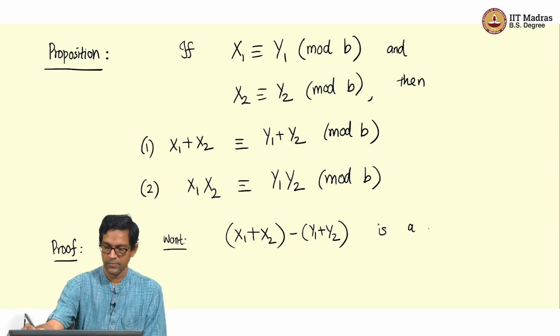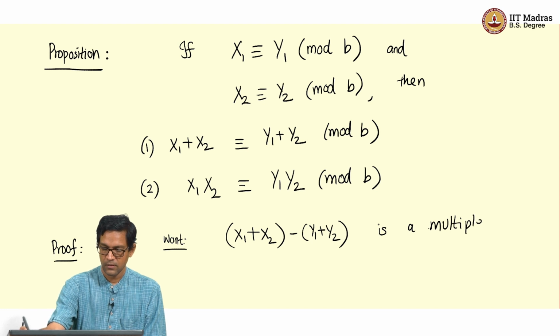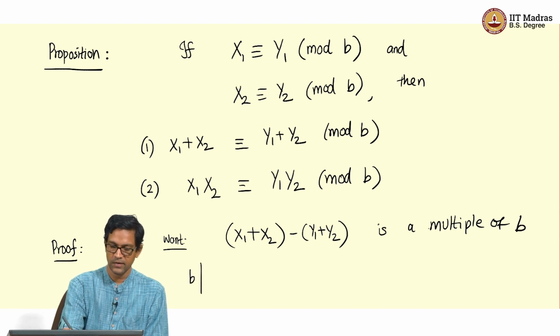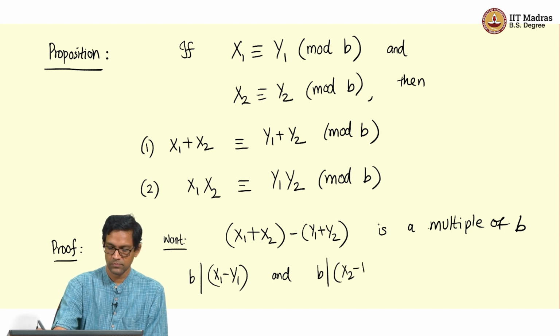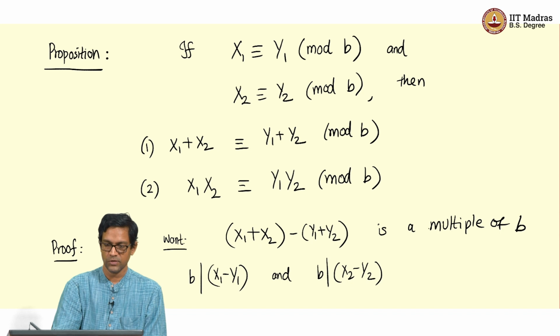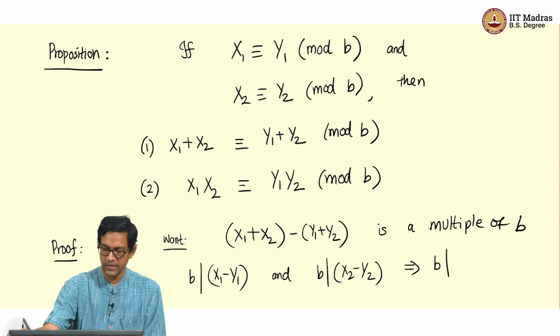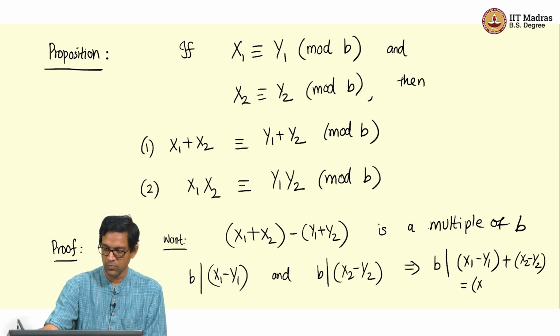But what we know is the following, that b divides x1 minus y1 and b divides x2 minus y2. Okay, this is because of what is given, x1 congruent to y1, x2 congruent to y2, and so since b divides each of them, it divides their sum. So, it is the same sort of argument that we have used earlier as well. That is what you want, x1 plus x2 minus y1 plus y2.